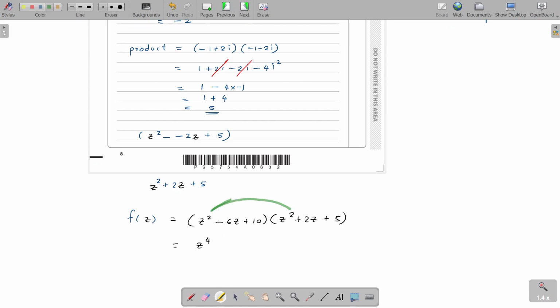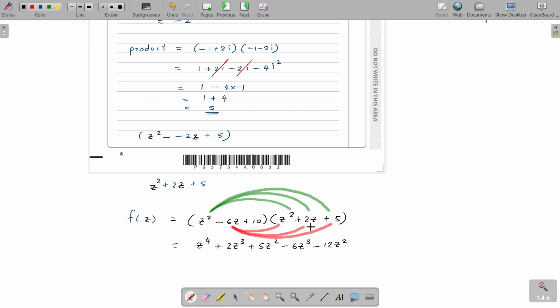z square into 2z is plus 2z cube. z square into plus 5 is plus 5z square. Minus 6z into z square is minus 6z cube. Minus 6z into plus 2z is minus 12z square.